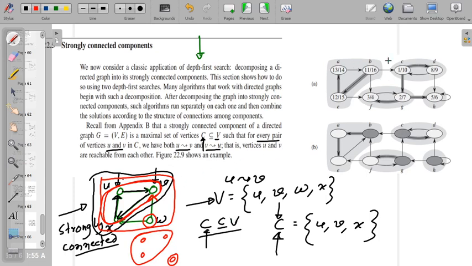And here in this graph, this is from CLRS, I am having this portion, which is strongly connected. This is another portion which is strongly connected, another portion which is strongly connected.